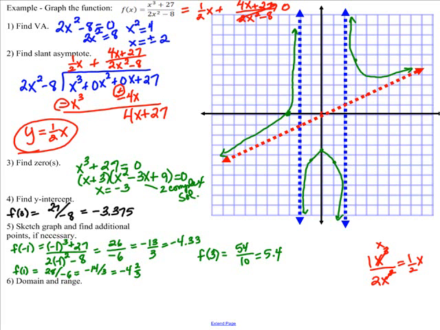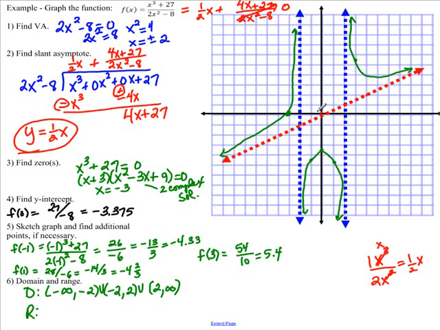So now we can find the domain and range. The domain of this function just excludes our vertical asymptote. So we're from negative infinity to negative 2, union negative 2 to 2, union 2 to infinity. Now what about the range? Let's think about that. This line, what's the domain of this line?